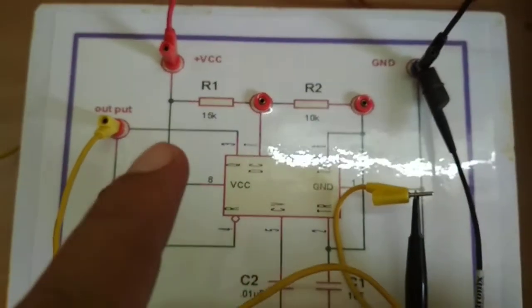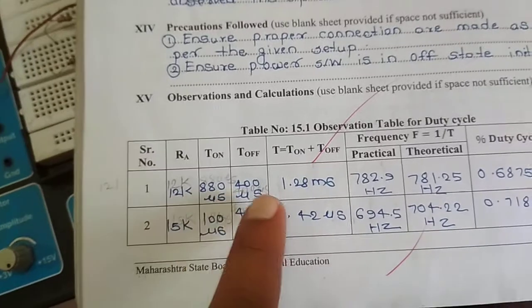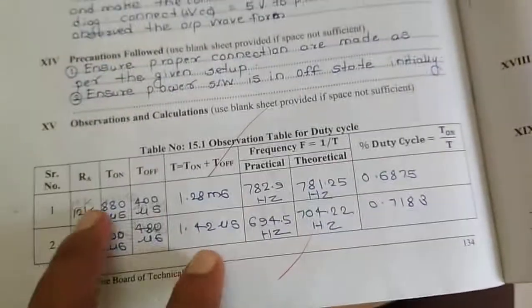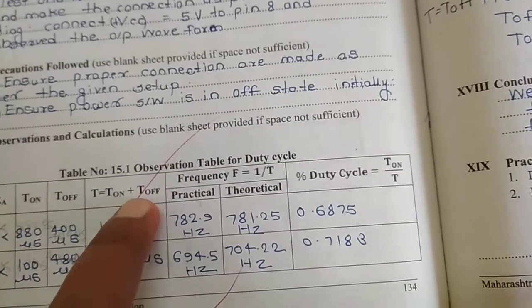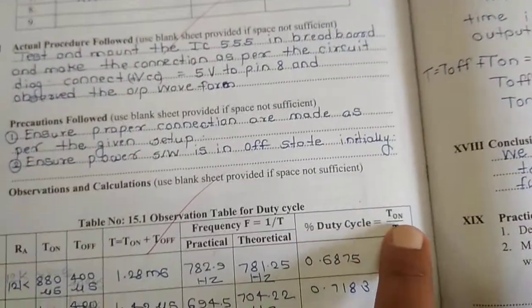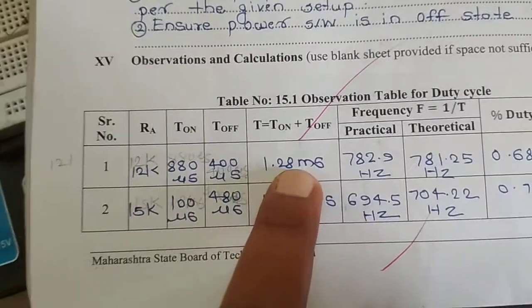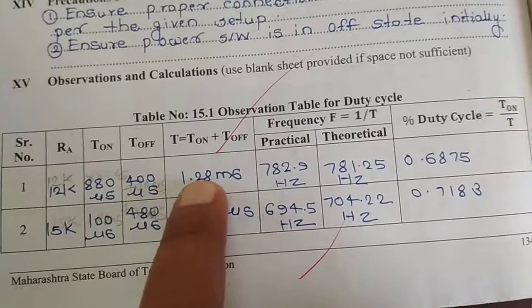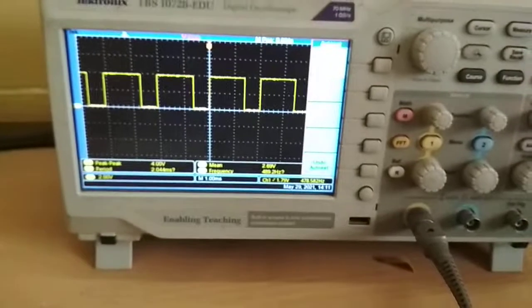Now we will calculate the T on time, then observe or measure the T off time, and the combination of T on and T off is the total T. The duty cycle is equal to T on by T. Then we theoretically calculate the frequency, which is 1 by T, so 1 by 1.28 millisecond is my theoretical frequency, and then we will observe the practical frequency on the DSO.